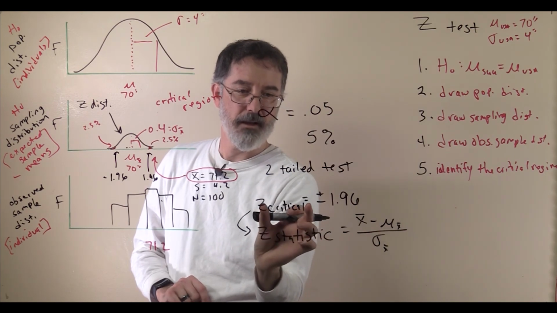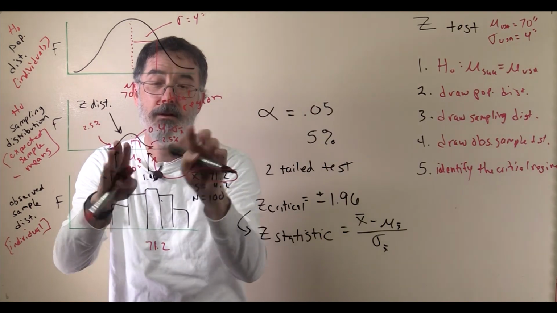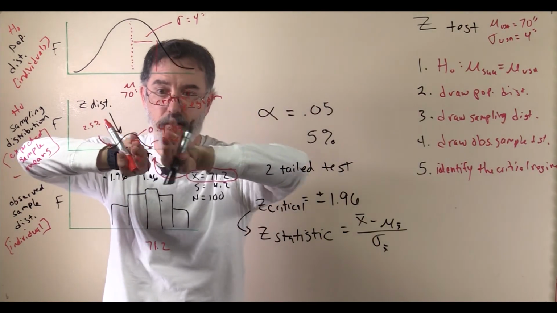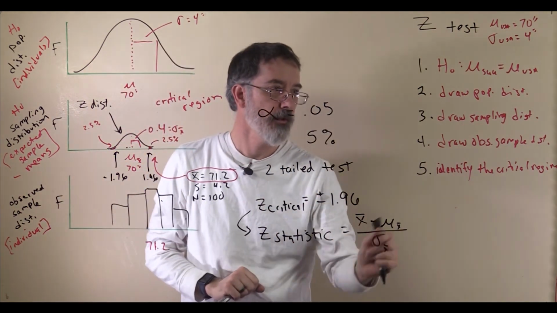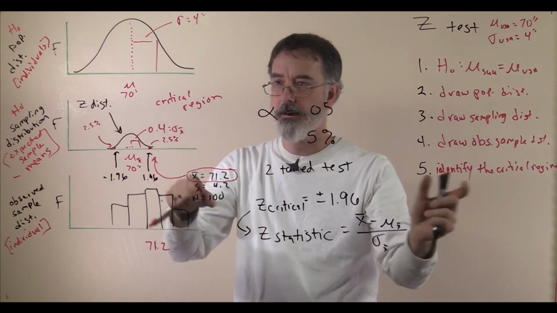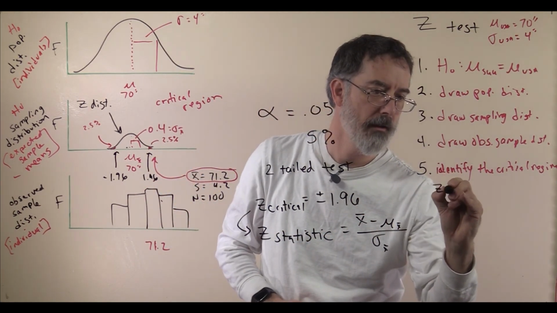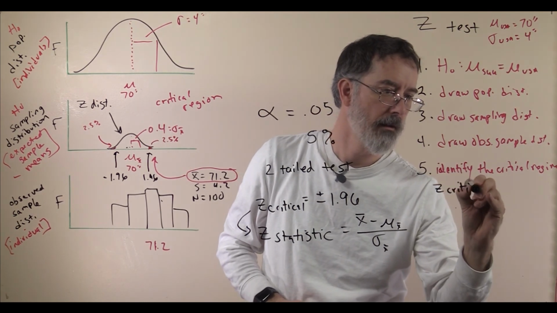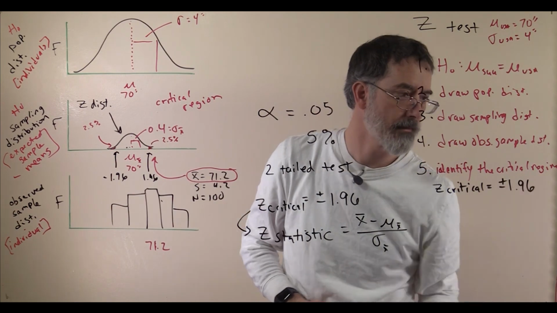And the z-critical values are the z-statistics right at the edge of the critical region, where if you have a more extreme score on either side, you're going to reject the null hypothesis. So we have our critical region identified, it's drawn in. Over here I'll write the z-critical values are plus or minus 1.96.